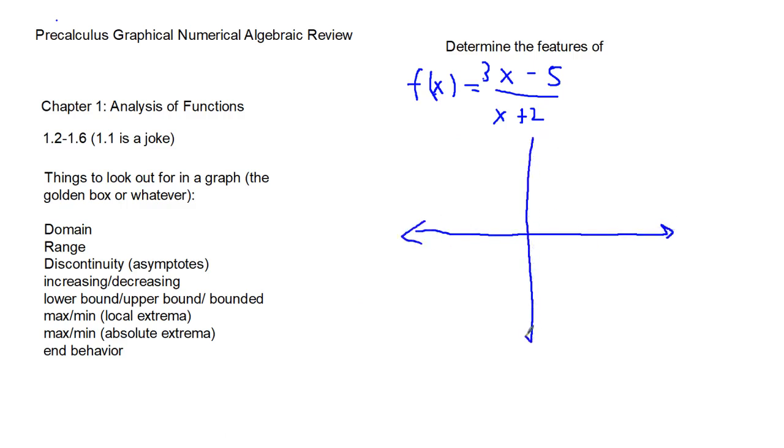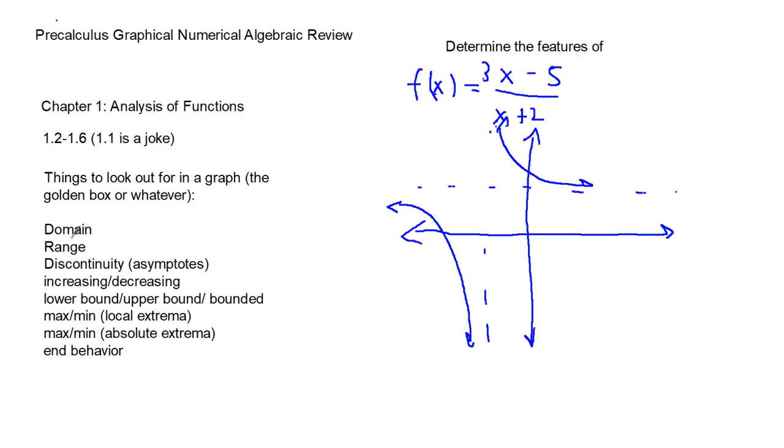It's going to have a horizontal asymptote at 3, so it's going to look something like this, right there. This is what the graph is going to look like. So this is the graph of (3x minus 5) over (x plus 2).